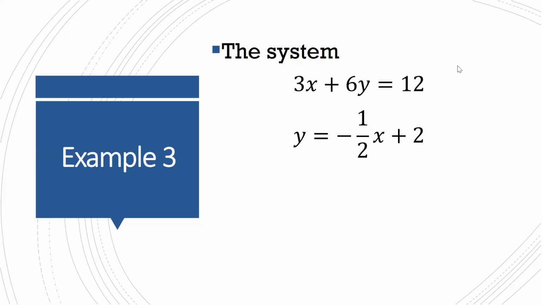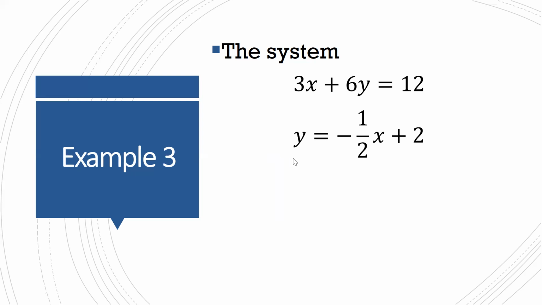Let's try another example. Here we have the system 3x plus 6y equals 12 and y equals negative 1/2 x plus 2. Those are my two equations that make up the system of linear equations.